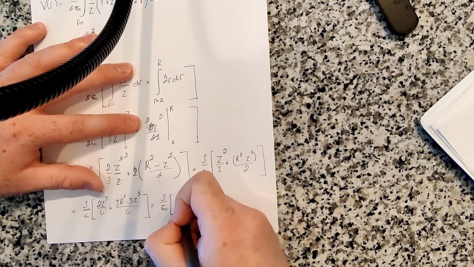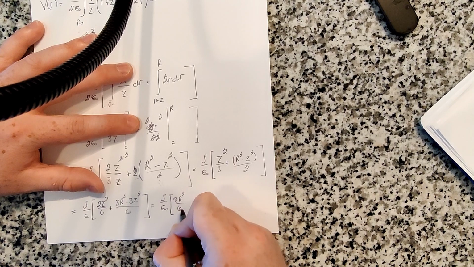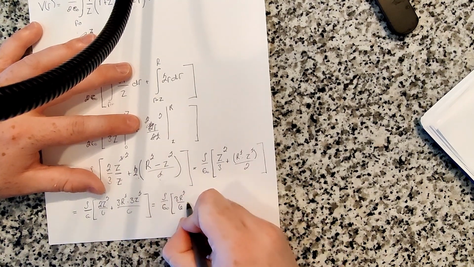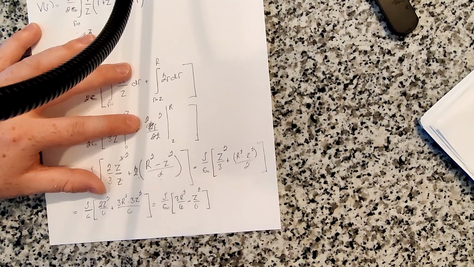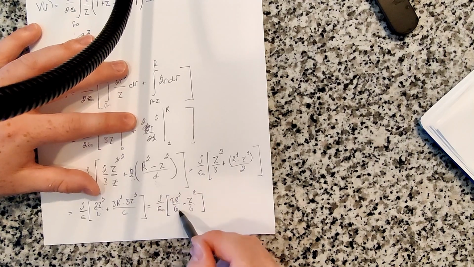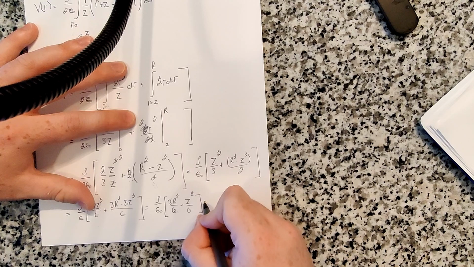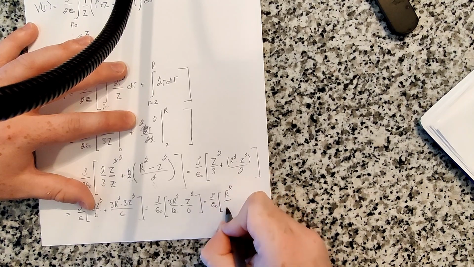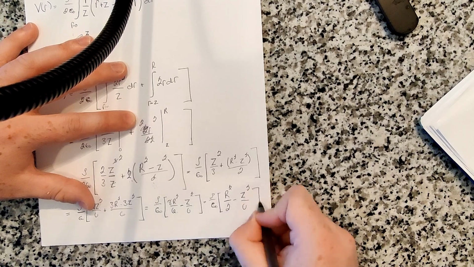So that's going to be 3r squared over 6, and then 2z squared over 6 minus 3z squared over 6 is minus 1z squared over 6, right? And then I can cancel the 3 and get a half here. It becomes r squared over 2. So rho over epsilon naught, we get r squared over 2 minus z squared over 6.